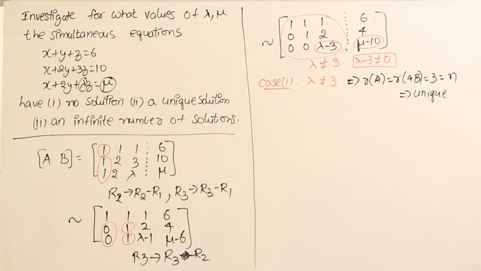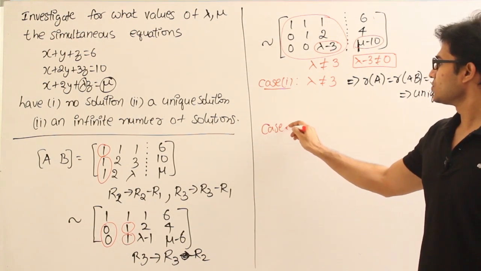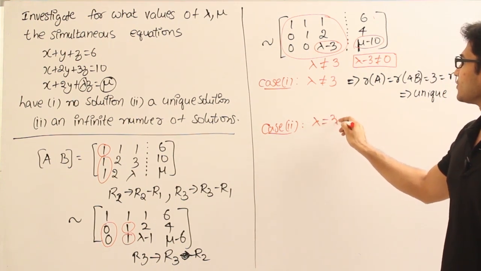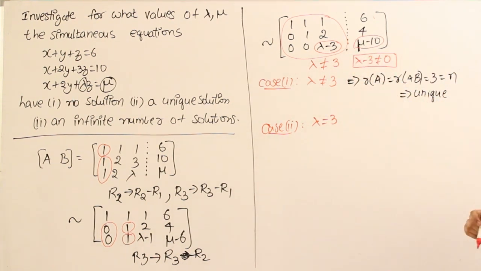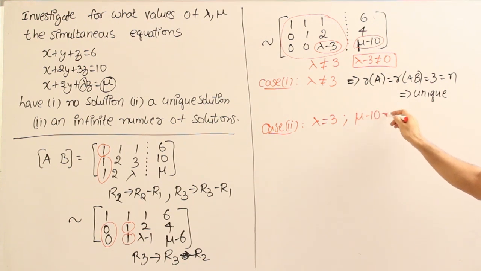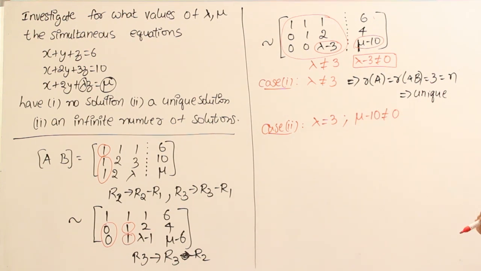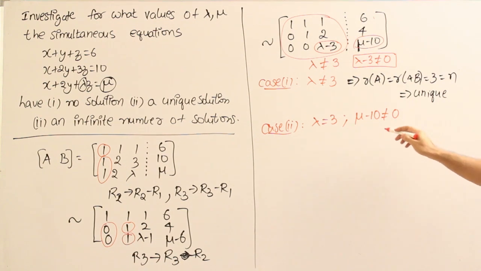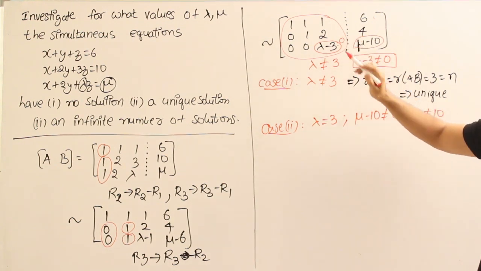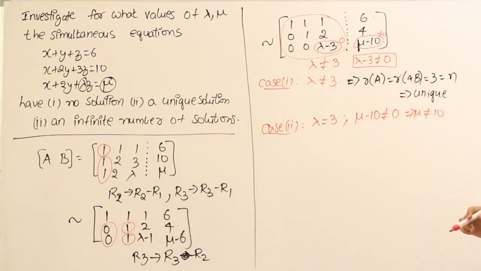And now let's see case 2. Assume that lambda is equal to 3, which means this element happens to be 0, and at the same time assume that mu minus 10 is not equal to 0, which means mu is not equal to 10. So if this element is 0 and this one is not equal to 0, what does it mean?